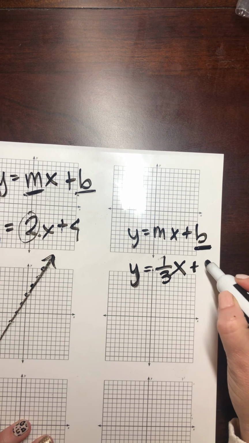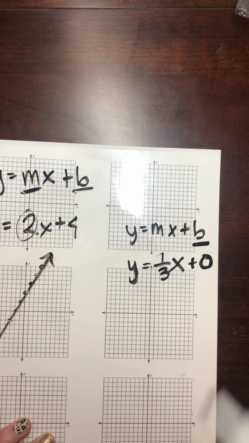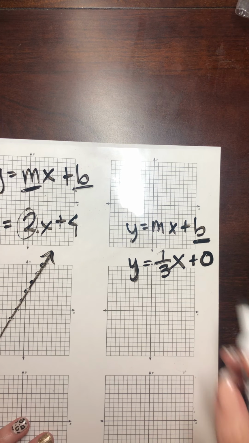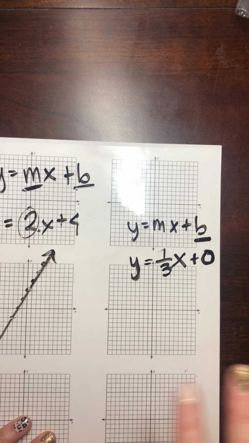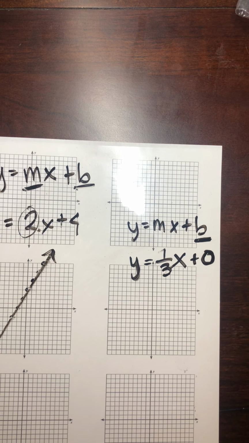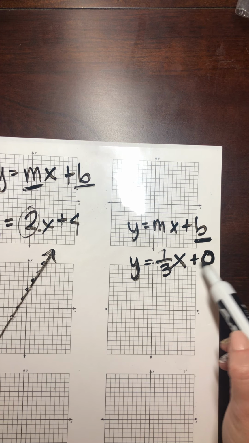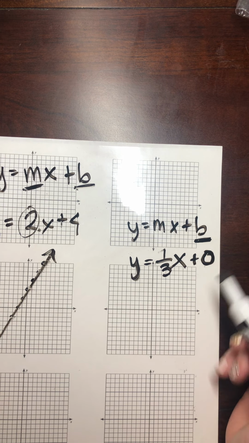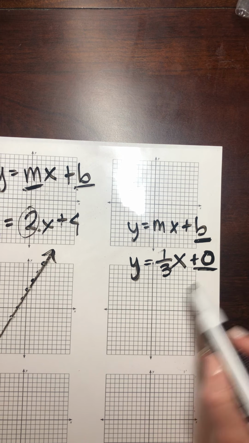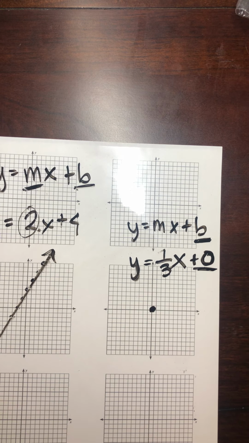So I'm just going to add nothing plus 0 so that it doesn't change the function, right? Because whatever you do to one side, you have to do the other. You have to keep it balanced. But if I'm just adding 0, there's nothing that I have to worry about on the left side. But it gives me a starting point because the graph has a 0. So I start right at the origin.